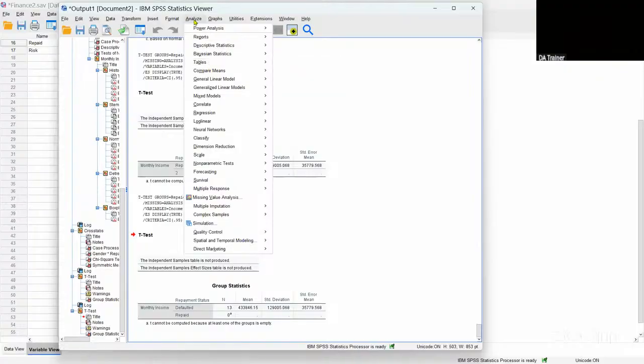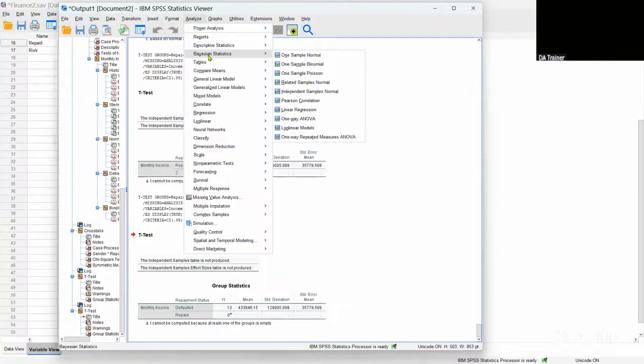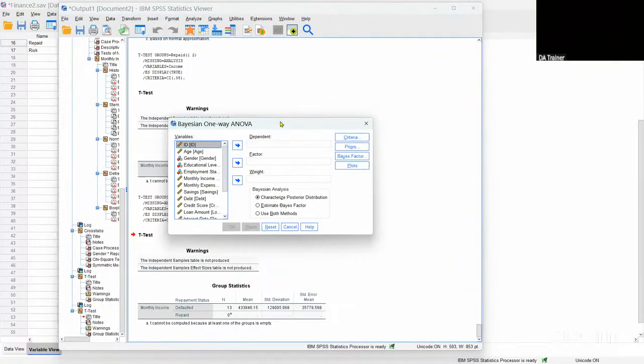Very simple. Analyze. Come down to Bayesian statistics and then scroll down to one-way ANOVA. Okay. So at this point, does monthly income differ between those that pay their loan and those that don't?